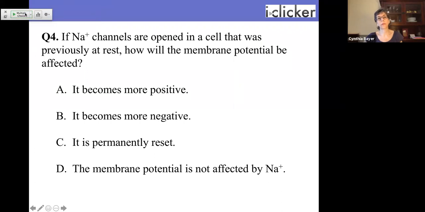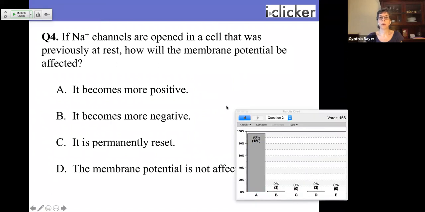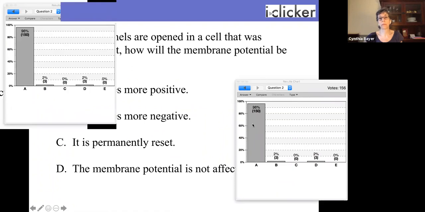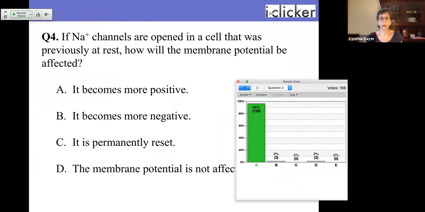So the cell was previously at rest. It was at minus 80 millivolts. Sodium ion channels open, allowing those positively charged sodium ions to enter the cell. There's now more positive charge on the inside of the membrane, and the membrane potential will become more positive.